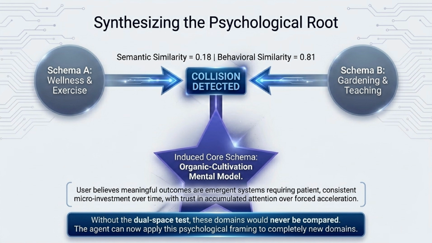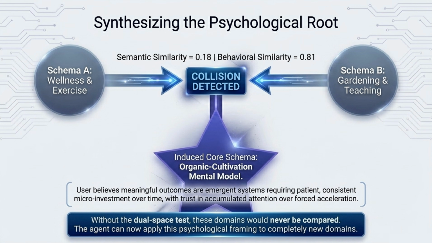Here is a concrete example of synthesizing that root. Suppose the AI spots schema A, wellness and exercise, and schema B, gardening and teaching. On the surface, their semantic similarity is just 0.18. But behaviorally, they score a massive 0.81. A collision is detected.